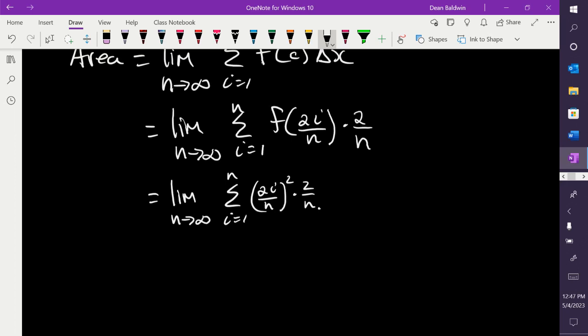What's 2i over n all squared? 4i squared over n squared. Into the function. Oh, we put it into the function. Okay, yeah.